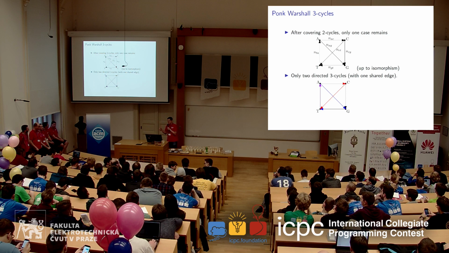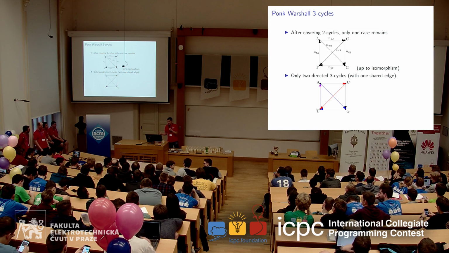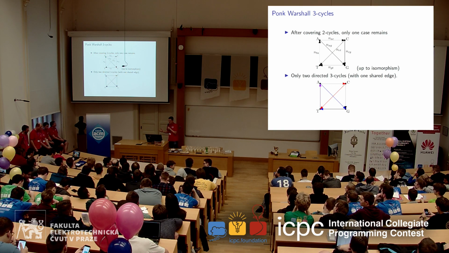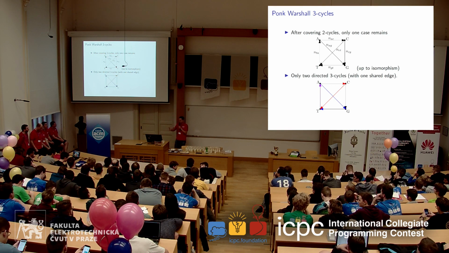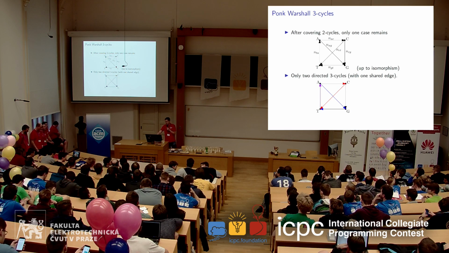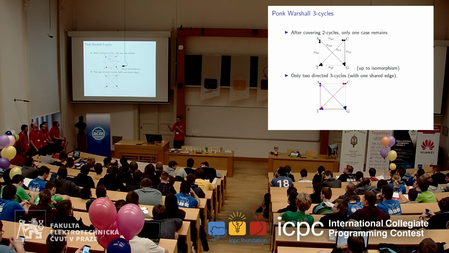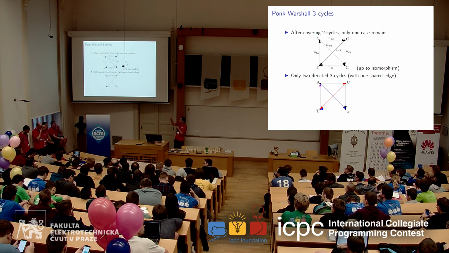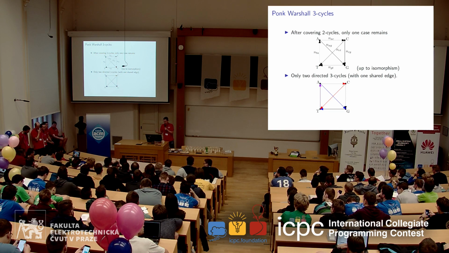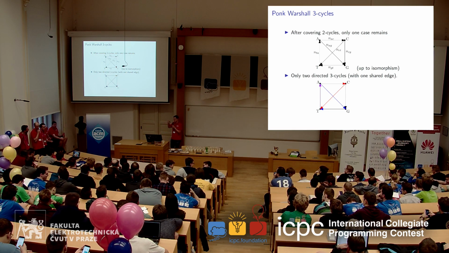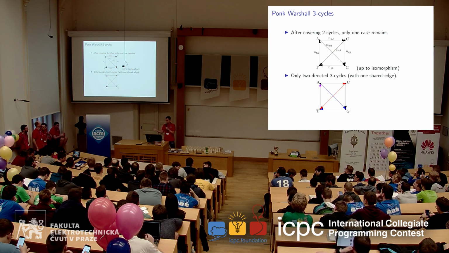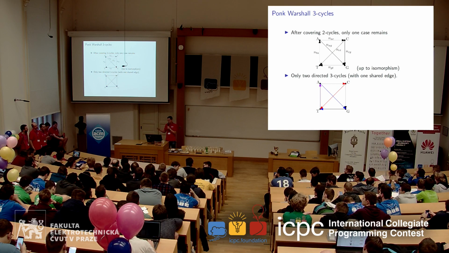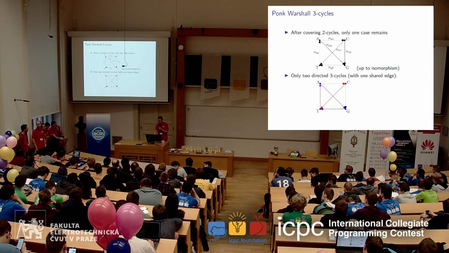And in this case, there are only 2 directed 3 cycles, and now we want to find the total number of cycles here, but there's a simple formula in the multiplicities of edges, and it's easy to see that greedily taking an arbitrary one of the 2 triangles as long as we can is optimal. So that's it.